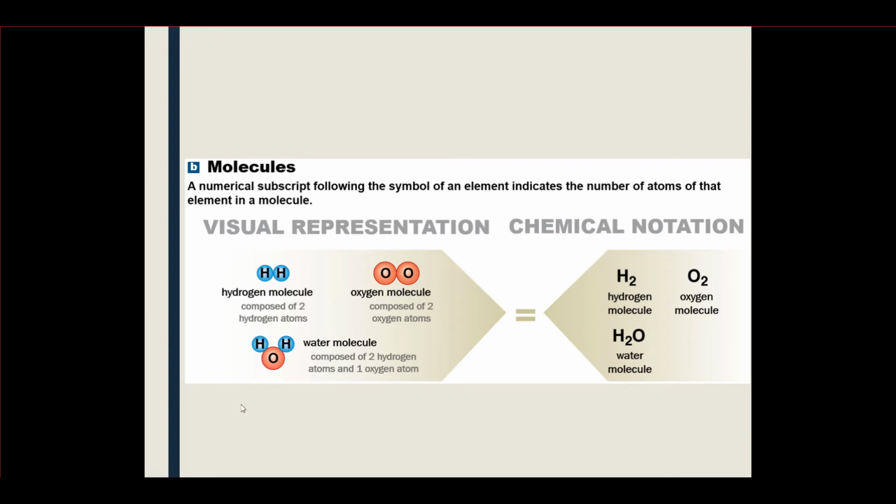Here's a water molecule, H2O. Two hydrogens bonded to oxygen. We would write that H2, and that's bonded to oxygen as an O. This is how we would indicate a molecule. You'll get used to it as you see them more and more.